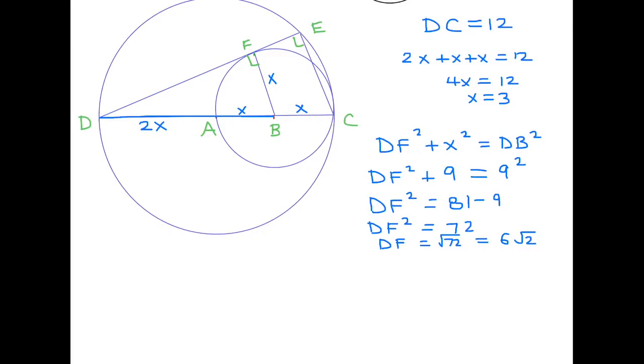Similar triangles. They've got two lines that are parallel, and therefore the ratio of the sides will be similar. So using similar triangles, we can calculate the value of DE.